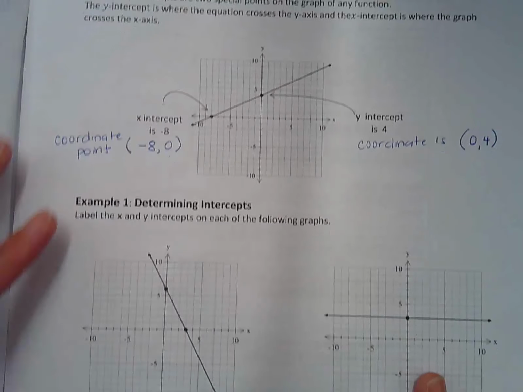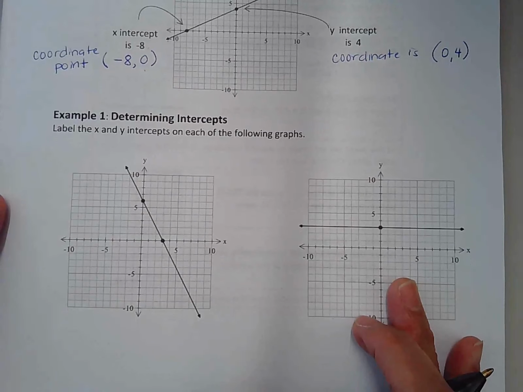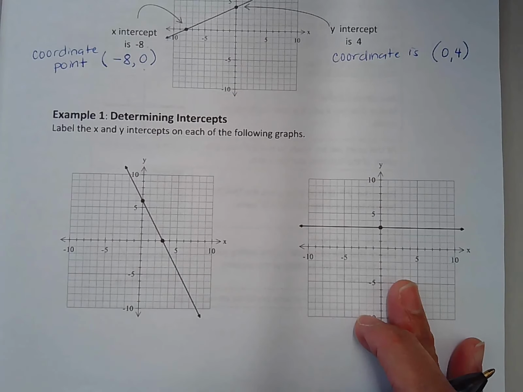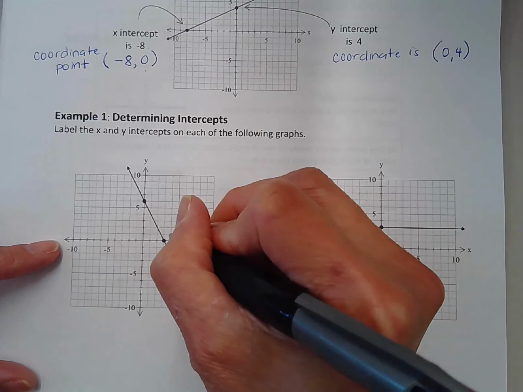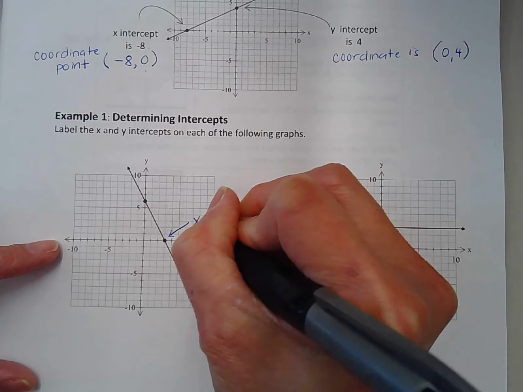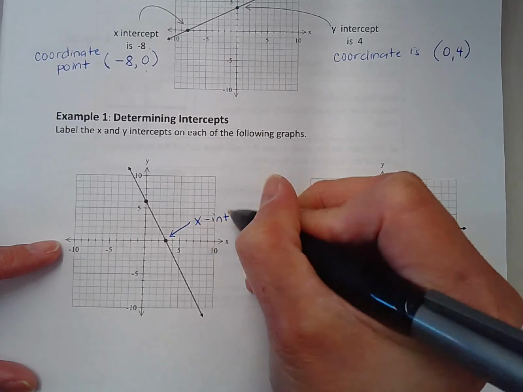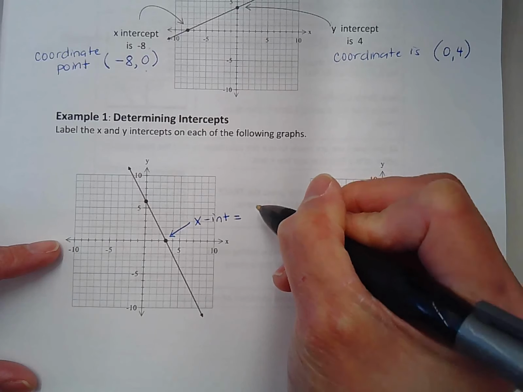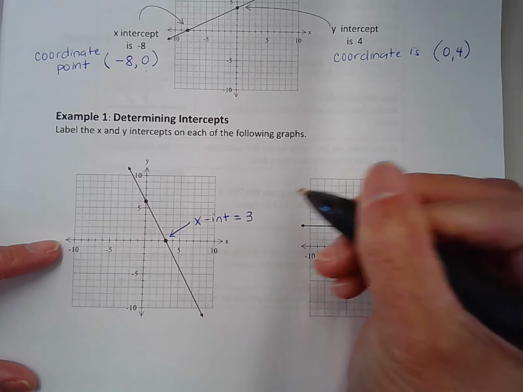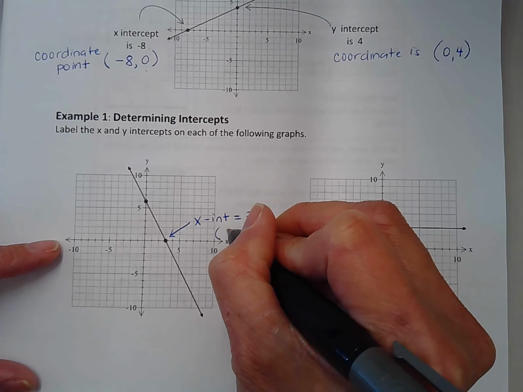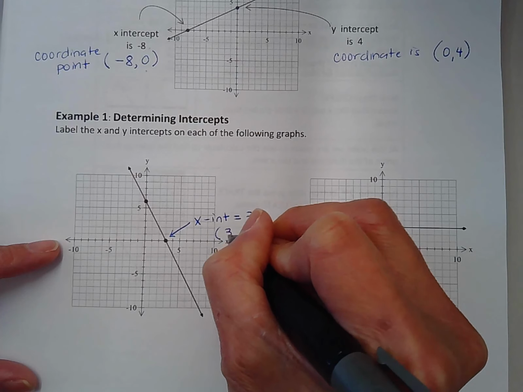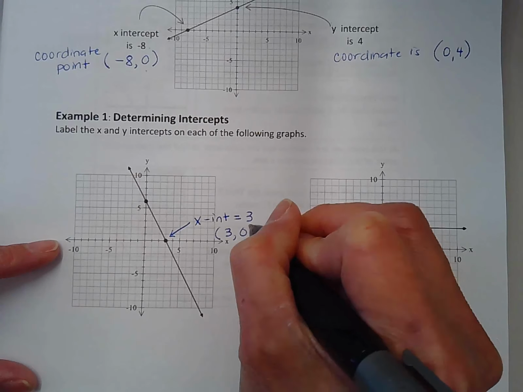Let's take a look at this one, example number 1. We're going to label and write down the x-intercept and y-intercept. So here's our x-intercept. The x-intercept is 3. What's the coordinate? 3, 0.